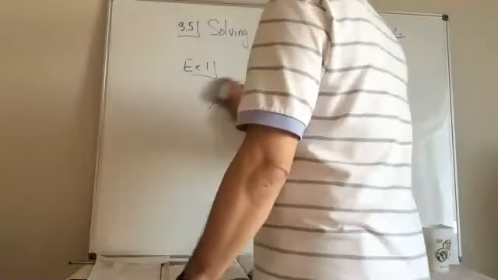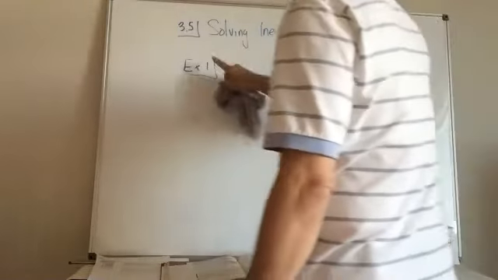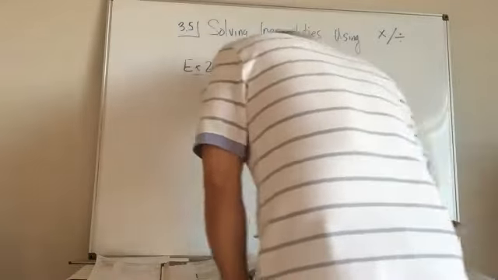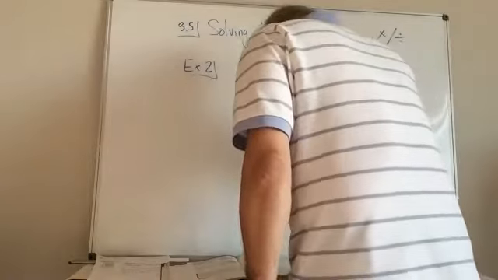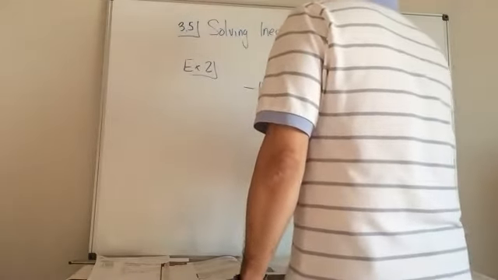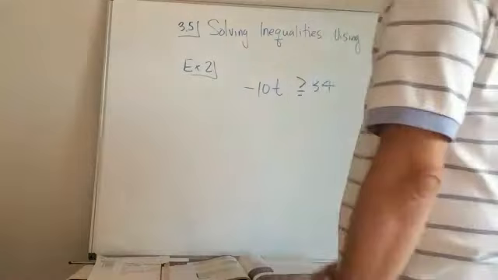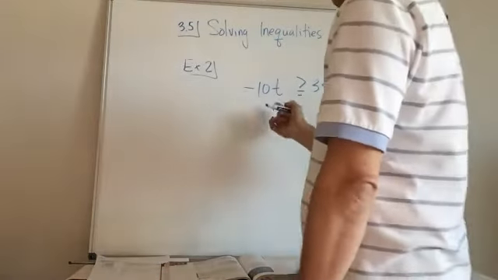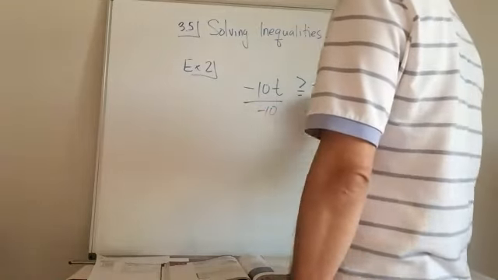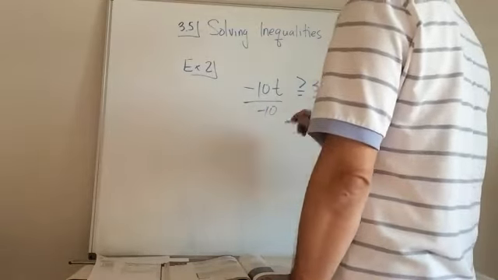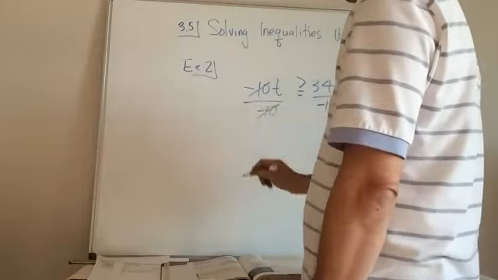Example number 2, I have -10t greater than or equal to 34. What do I have here? I'm going to divide both sides by -10 to get rid of the -10. So this and this cancel out.